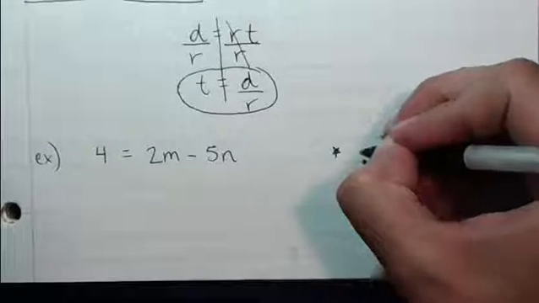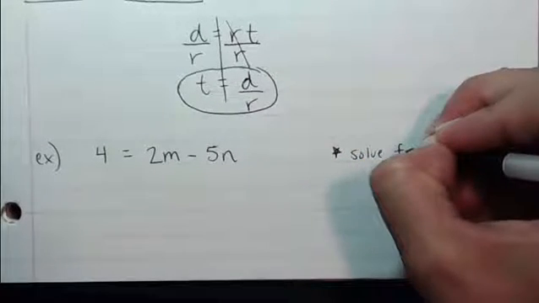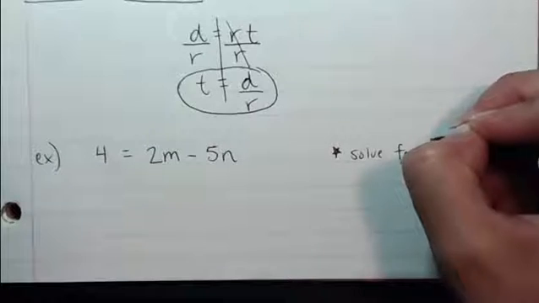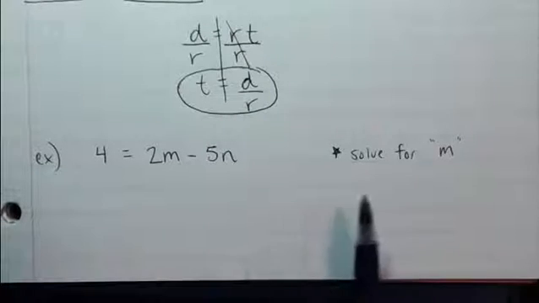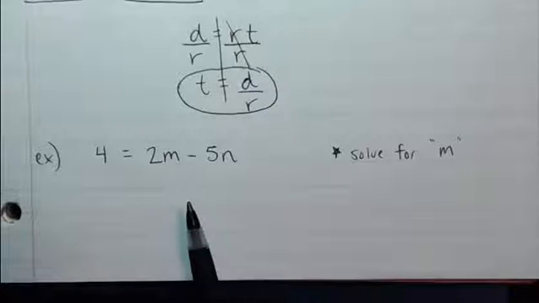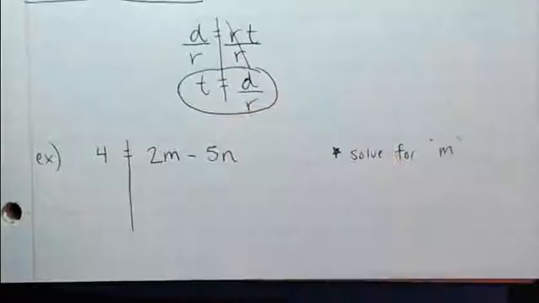This one, let's solve for m. So that means I want m by itself. Because the next step to this is they might give us, if we solve for m, the value for n, and all we have to do is substitute that in to figure out what the value of m is.